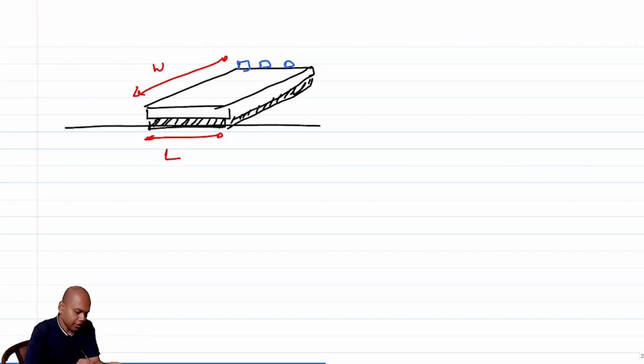But there is a way of fixing this: I am not going to use a long W, I am going to use multiple small W's and put them in parallel.